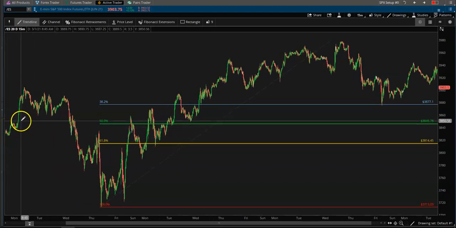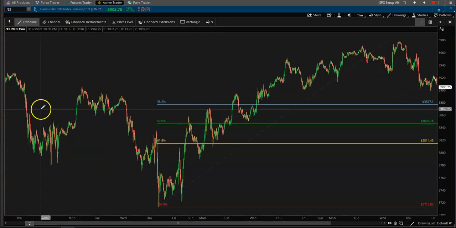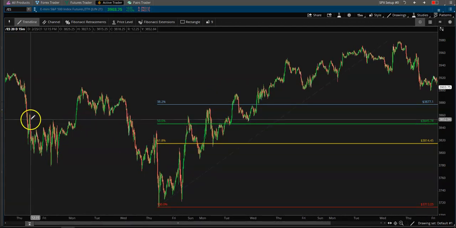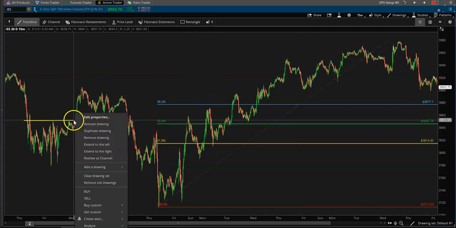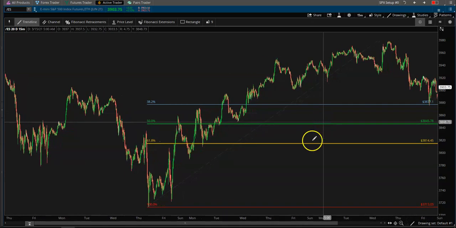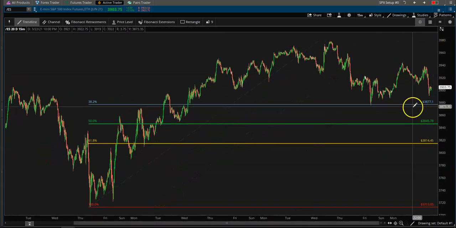Okay, so we have multiple things. If we kind of go farther, we actually see all of this, right? This was potentially a breakout level, fail, right? So as we come back down, we now have multiple confluence levels to come down here that I really like.